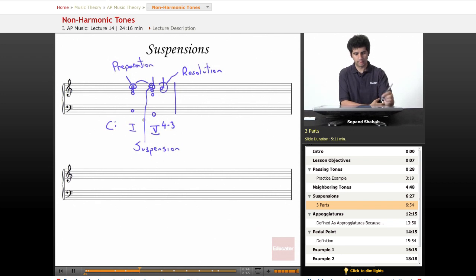And let's look at another kind of suspension. Let's start with the same 1 chord and move to a 4 chord.